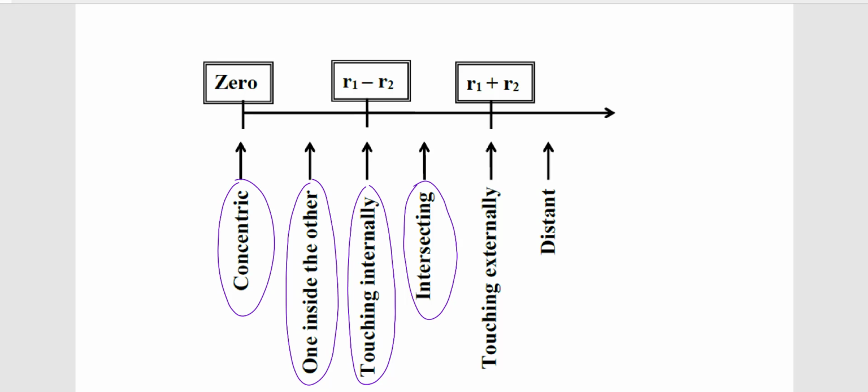When the distance between the two centers equals the sum of the radii, then the two circles are touching externally. And if this distance is bigger than the sum of the two radii, the two circles are distant.